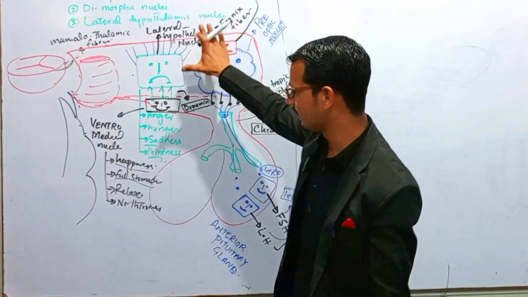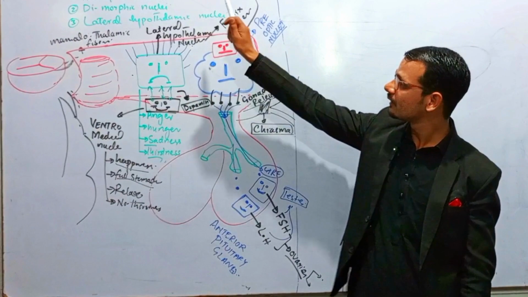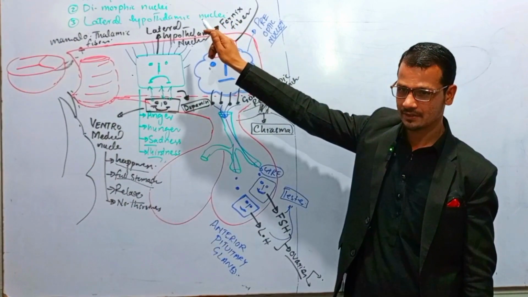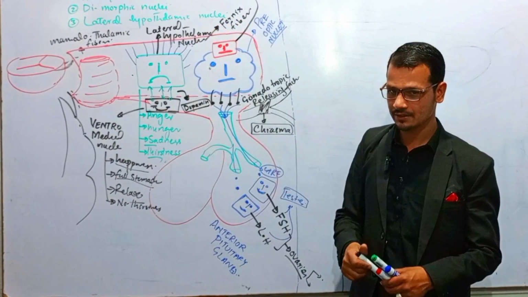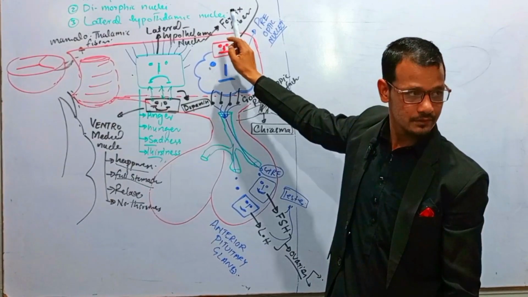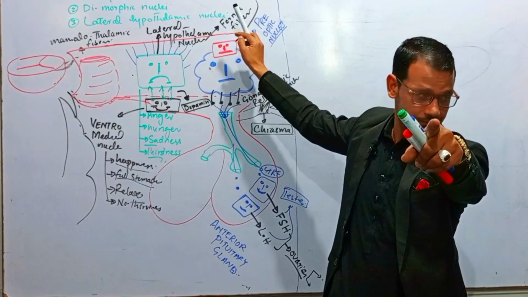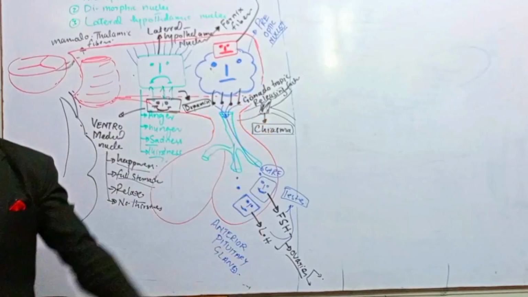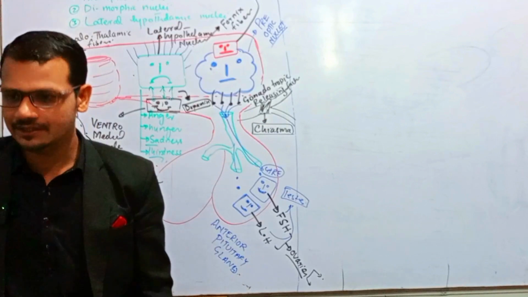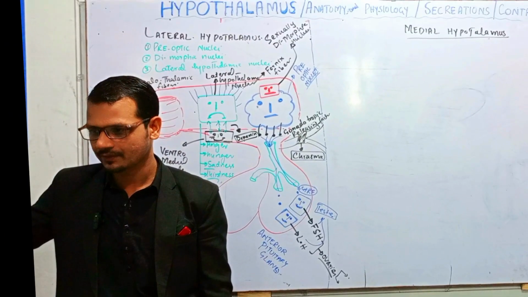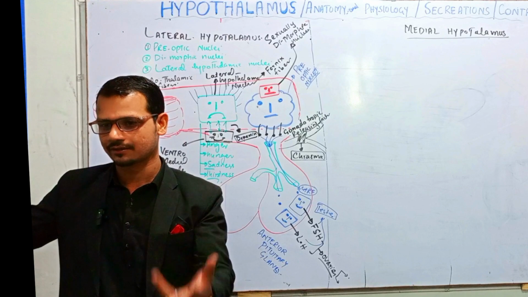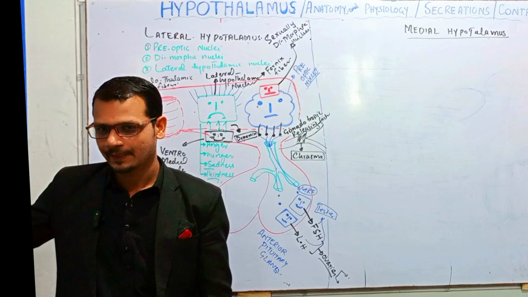So this is the lateral side of the hypothalamus, and these are the secretions. We will discuss the medial side after a break or on the next day, right?